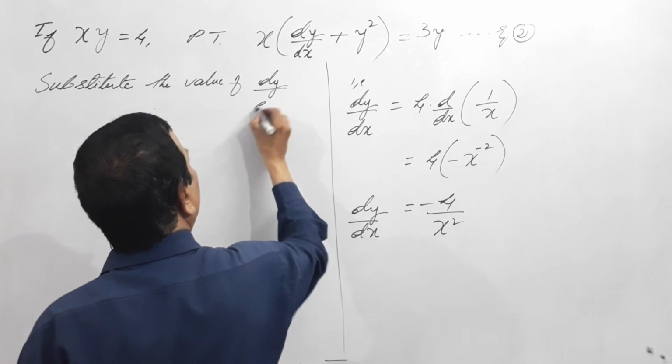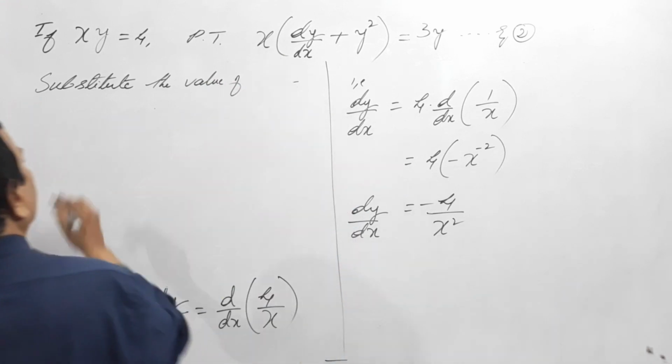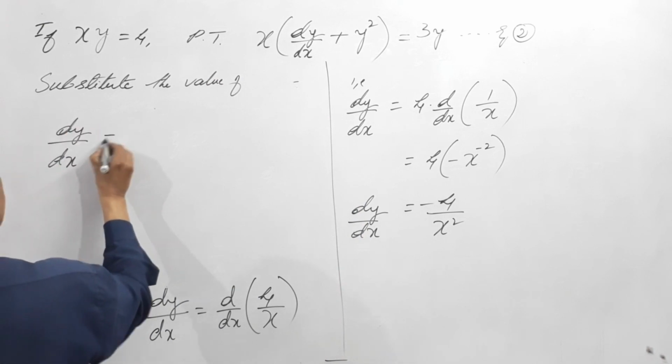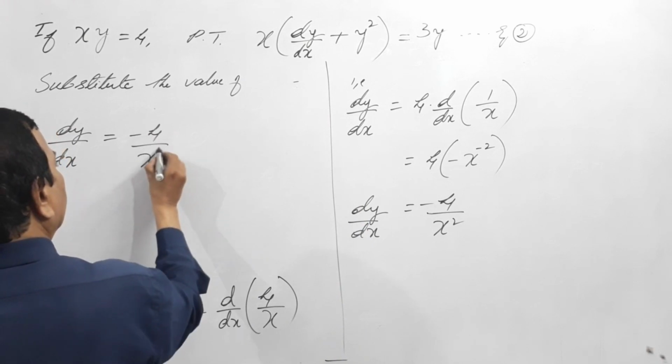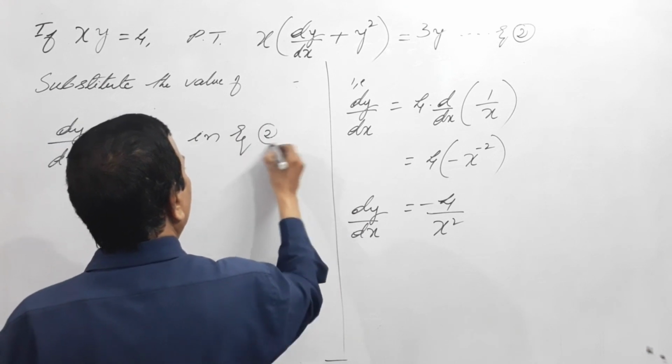Value of dy by dx equals, as we have here, dy by dx equals minus 4 by x square in equation 2.